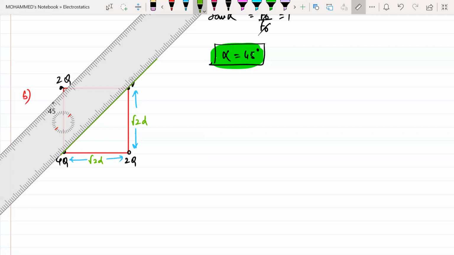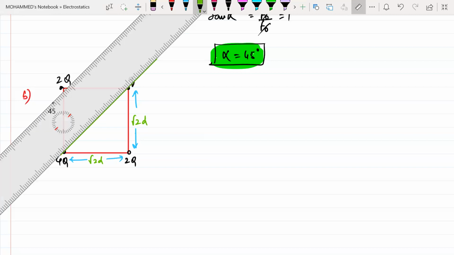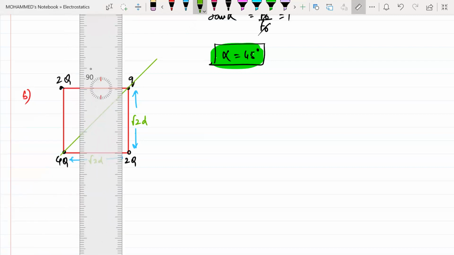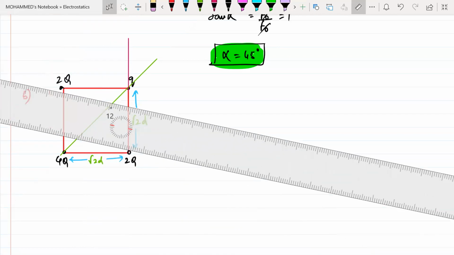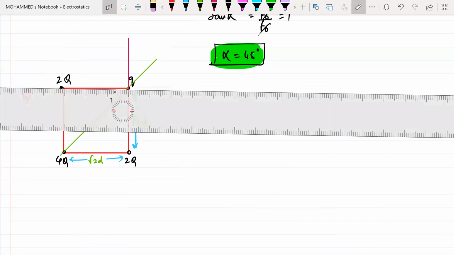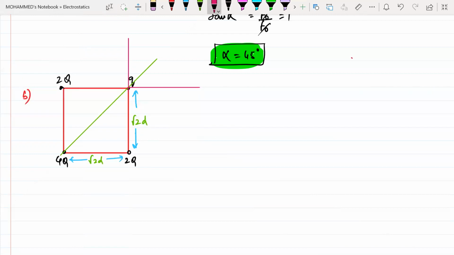Yes, sir. Direction, isn't it? And there is a force exerted even by this one in this direction right now. This is also exerting the force right now here, beta. Yes, sir. This is also exerting the force in this direction. And this 2q is also exerting the force in this direction. Isn't it? In this direction it is exerting. So now can I say that? Now see this one carefully.